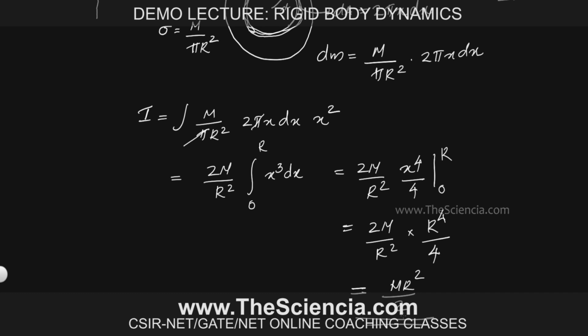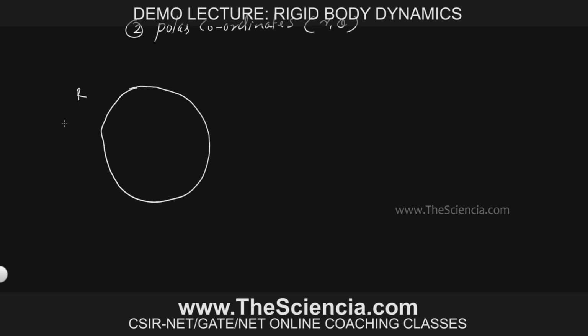The same problem in a different coordinate system. Polar coordinates. The coordinates are r and theta. Consider this is our disk of radius capital R and total mass m and density sigma is equal to m by pi r square.